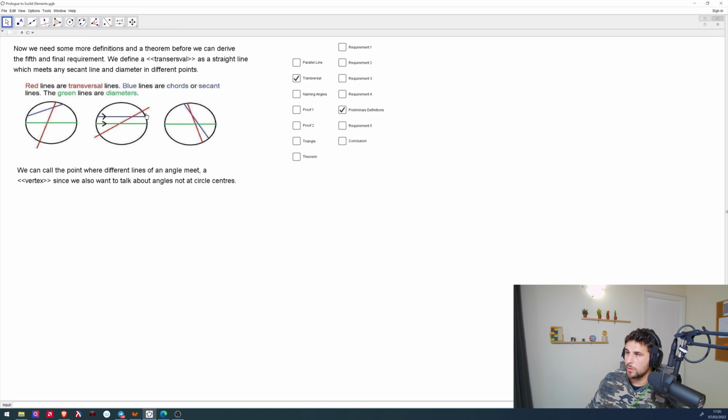Once we've defined these lines, now we want to know what happens. We've defined a vertex, these points where all these lines meet, and we want to name the various angles that arise, and to see what the relationships of these angles are.